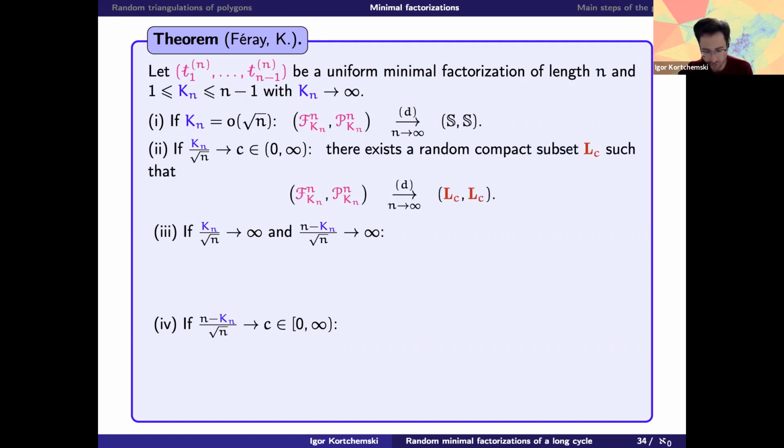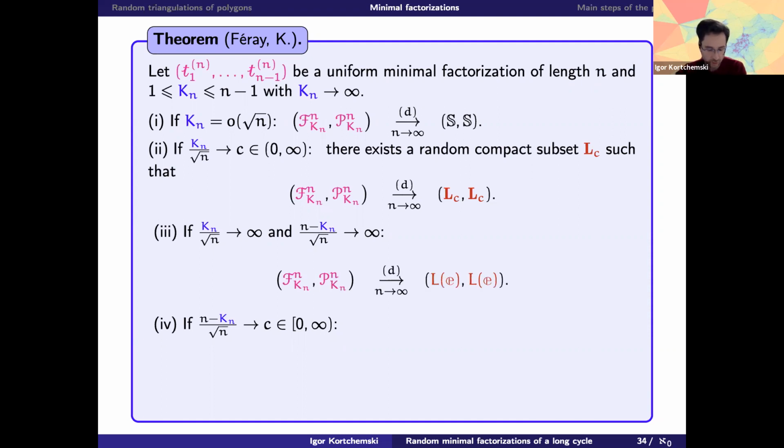In the second regime, there is a random compact subset, which depends on C, such that the non-crossing forest and the non-crossing partition converge to the same random compact subset. This explains the fact that in the previous simulation, we saw the same picture on the left and on the right.